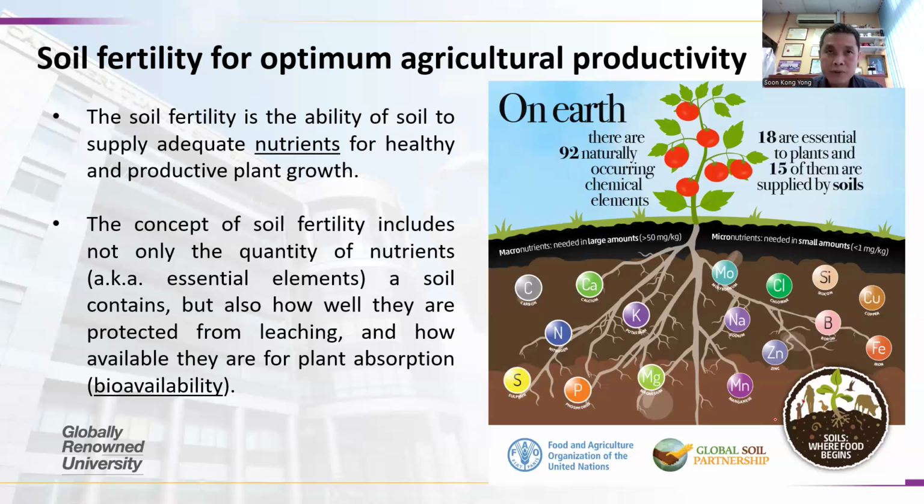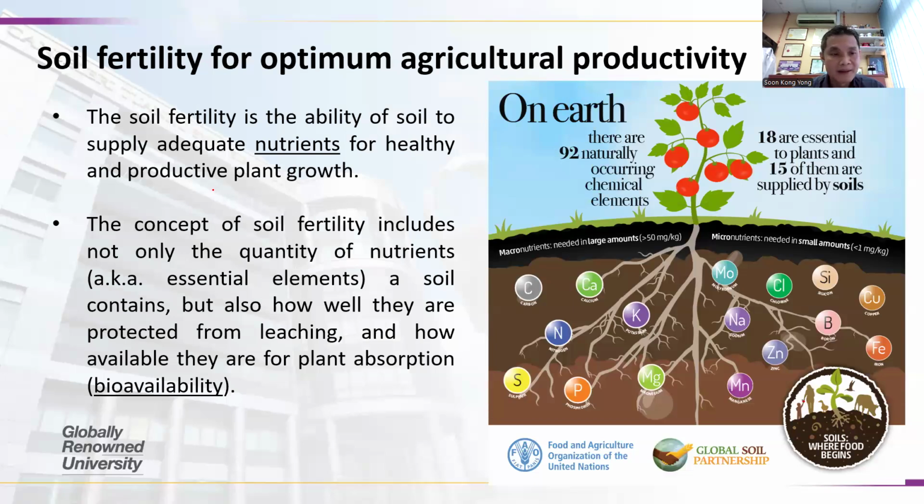How much of that nutrient can be absorbed by the plants is crucial to determine the soil fertility. So, as the first point, soil fertility is the ability of soil to supply adequate nutrients for healthy and productive plant growth. So it must reach the plants no matter how.